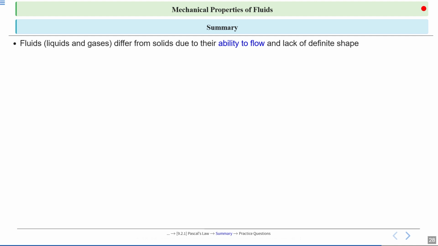Now let's summarize the concepts. So first, fluids differ from solids due to their ability to flow and lack of definite shape. Average pressure is equal to force upon area, which defines pressure as force per unit area measured in Pascal.